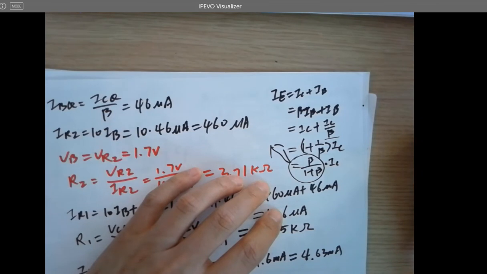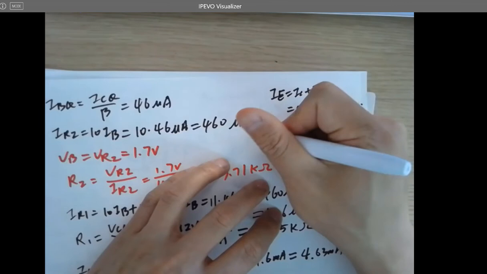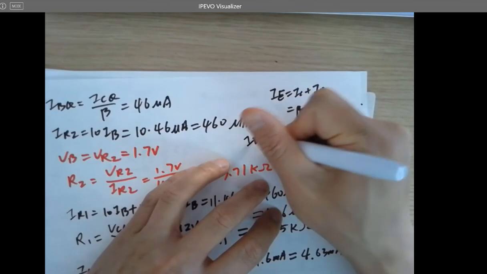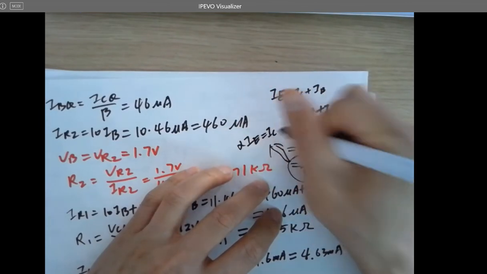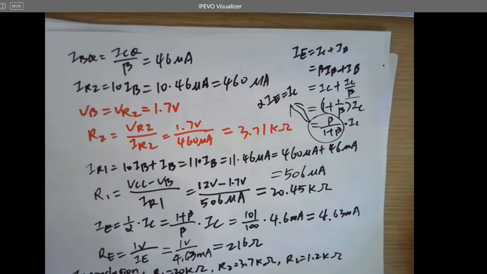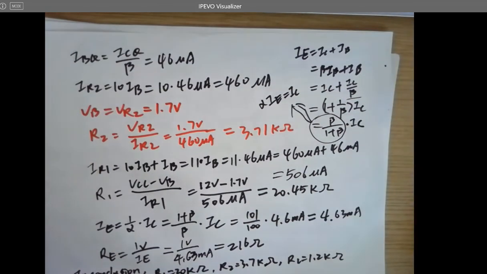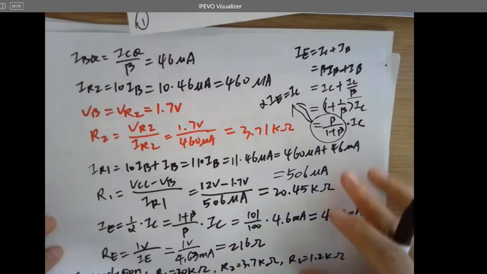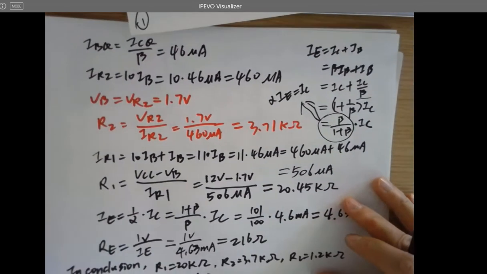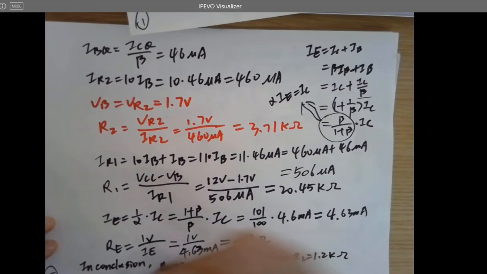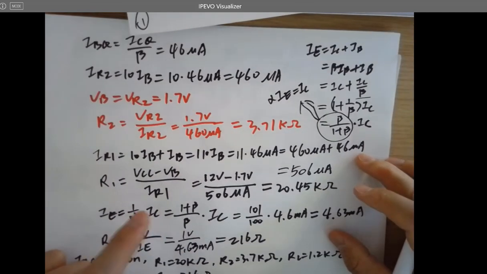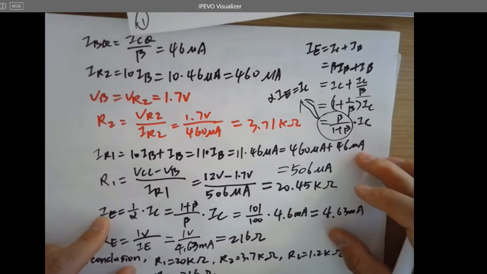That's alpha. No, that's 1 over alpha. Because IE equals IC over alpha, so alpha IE equals IC. So you can directly calculate IE from IC, and you can directly calculate IC from IE by using alpha.